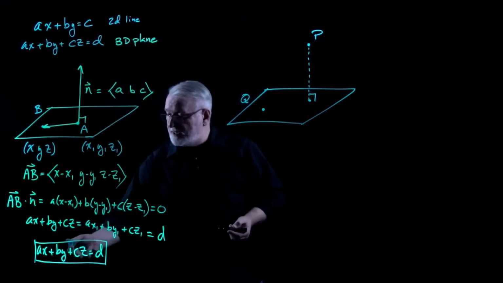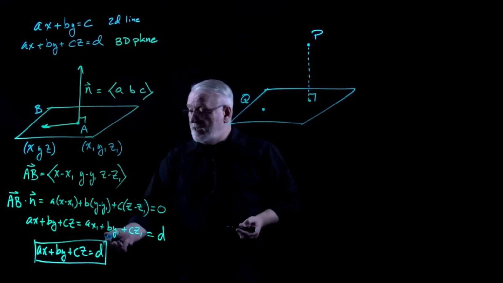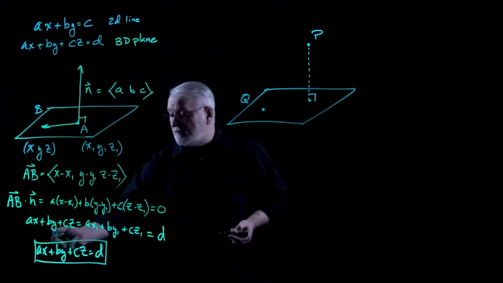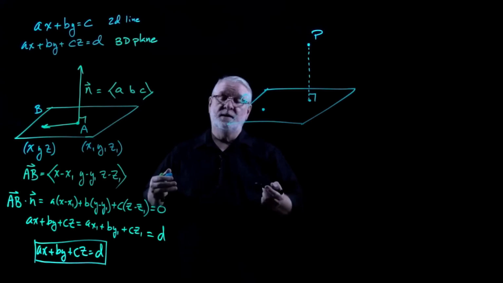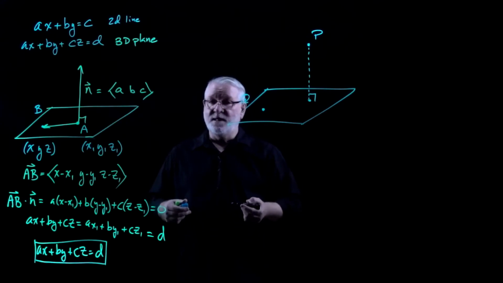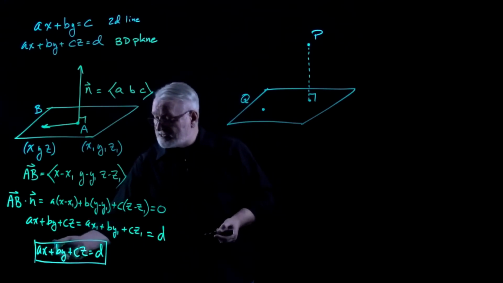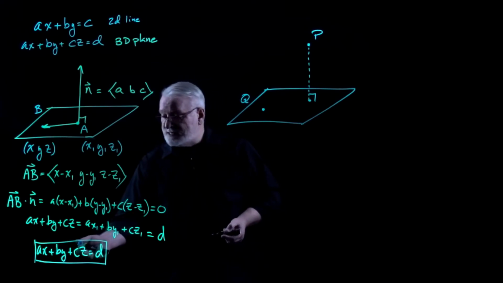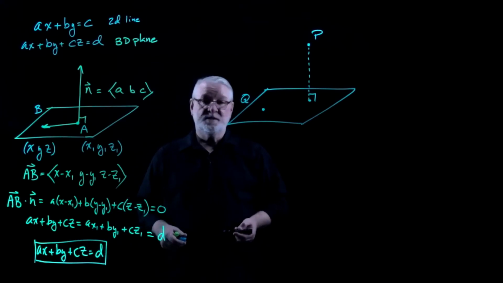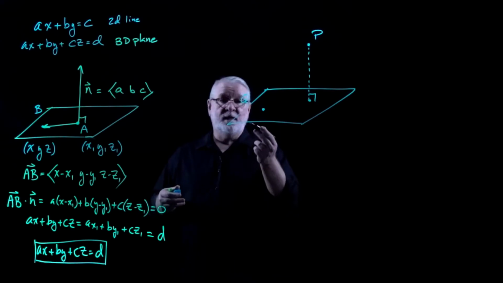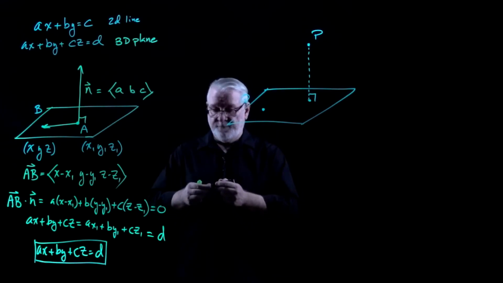After all, if we know A, B, C, and D, then we can simply try different values for x, y, and z until we get a set that works. The easiest one is to simply set x and y equal to 0, and z then would be D over C. So finding a point that lies within the plane is pretty easy.